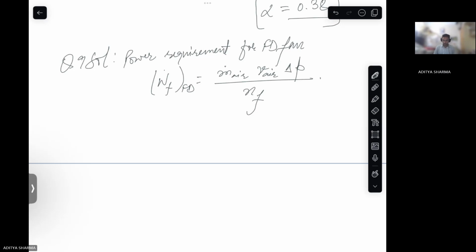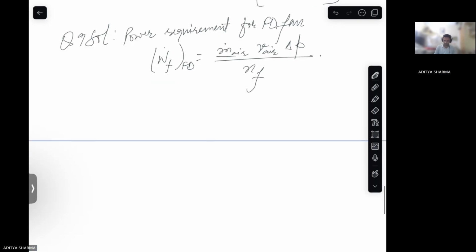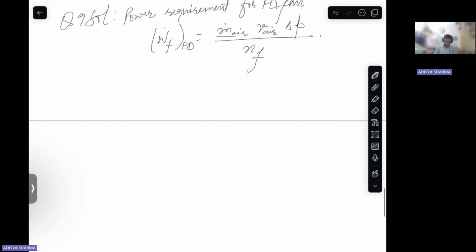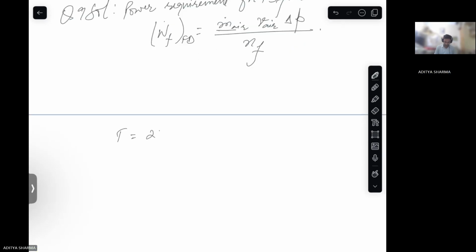Then, do we have mass flow rate of air given? So what do we have in our hand? We have temperature for air 298 Kelvin. Pressure is 101325 Newton per meter square.